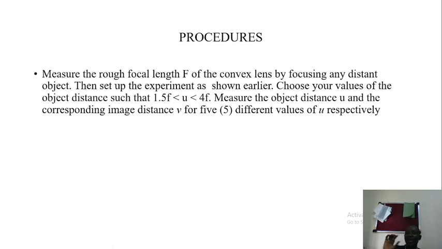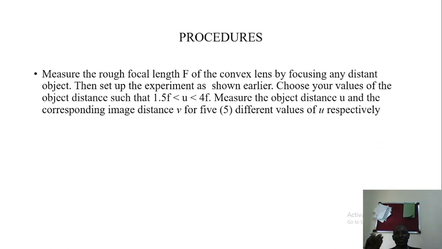You will see where the image of the ray of light coming from the window is sharp on the wall, and with your hand held to that point, you measure that distance with a meter rule. That gives you the rough focal length of this lens.